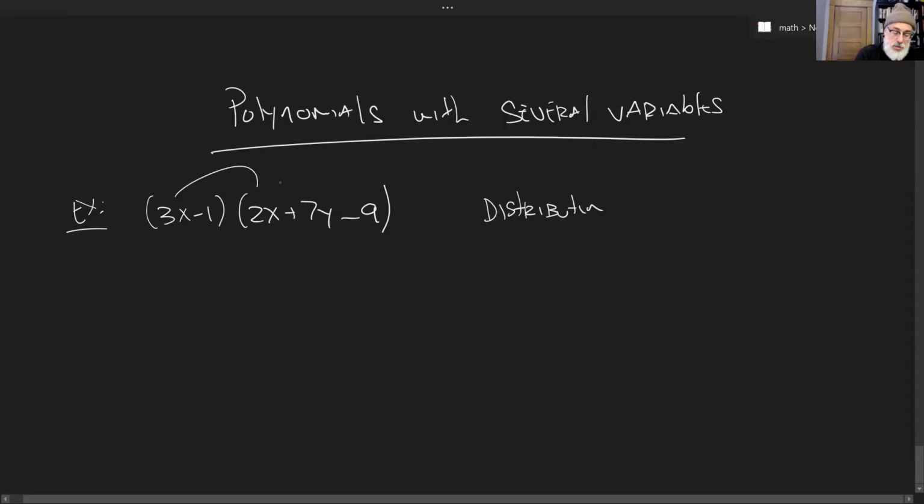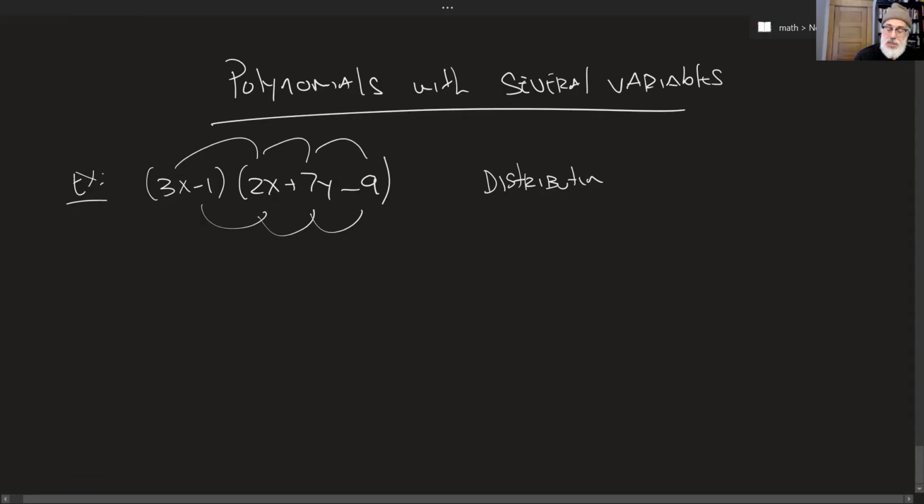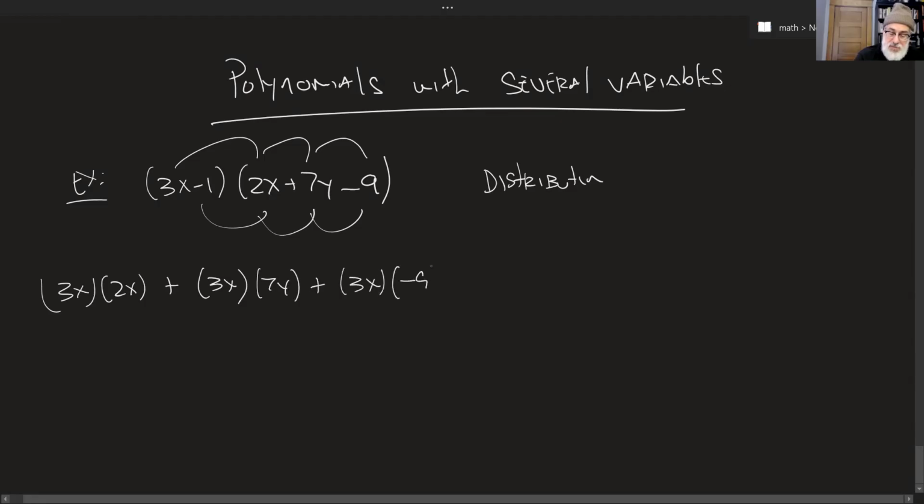We're going to distribute the 3x to each term, and then we're going to distribute the negative 1 to each term. And we're going to write that as a long string of addition. So 3x times 2x, we're going to add that to 3x times 7y. And we're going to add that to 3x times negative 9. So that ends the 3x distribution.